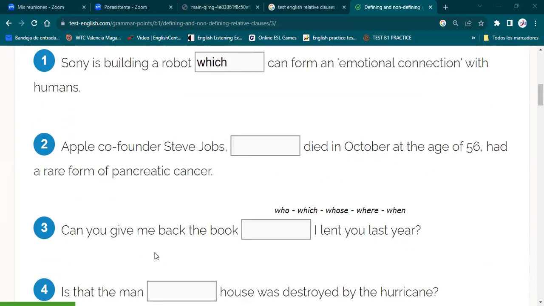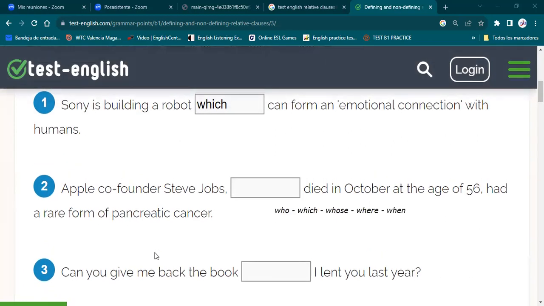Guido, Apple co-founder Steve Jobs died in October at the age of 56, had a rare form of pancreatic cancer. Who, which, whose, where, or when? I'm talking about Steve Jobs. Who?